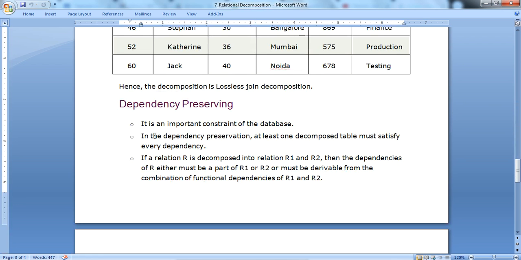When we decompose an existing table, the dependencies of the particular table, or between the attributes, we need to maintain. That is the preserving. In dependency preservation, at least one decomposed table must satisfy every dependency. It means if originally we have two dependencies and we decompose the table, then at least one of the tables after the decomposition maintains all the dependencies.